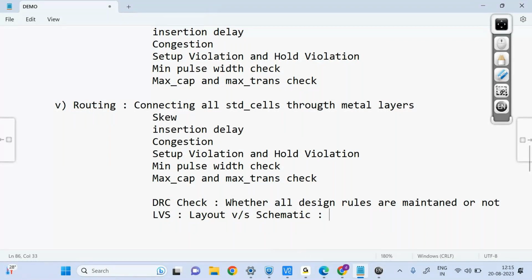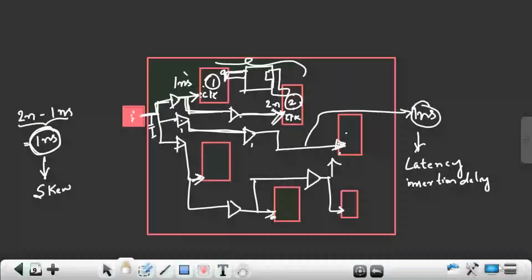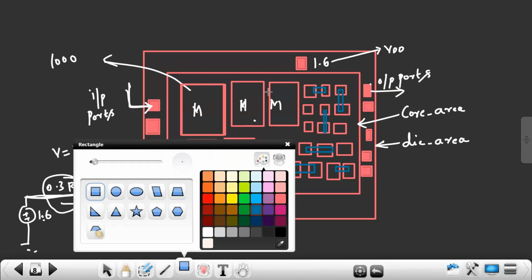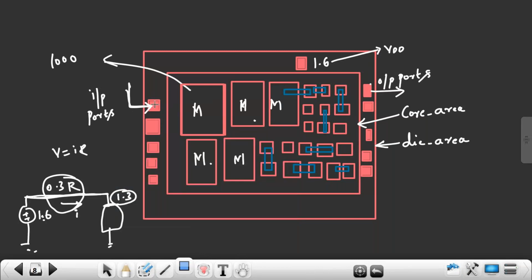So next is layout versus schematic. The name only tells layout. What is layout? The routed design, right? The design which is routed is called layout. Whatever we have placed inside is not a standard cell, it is a layout of a standard cell. The connections between standard cells, macros, and ports happen in the routing stage.